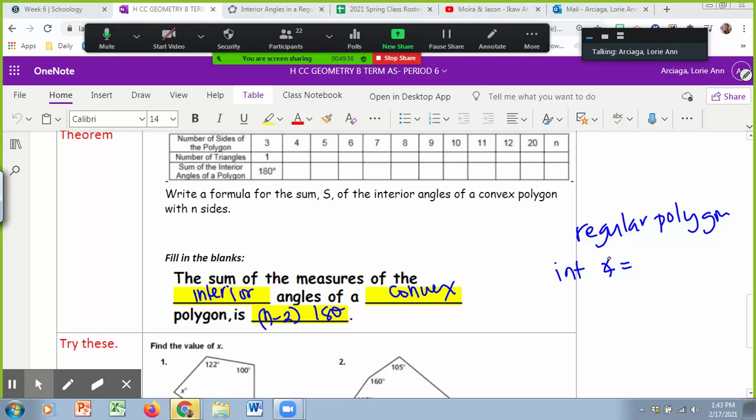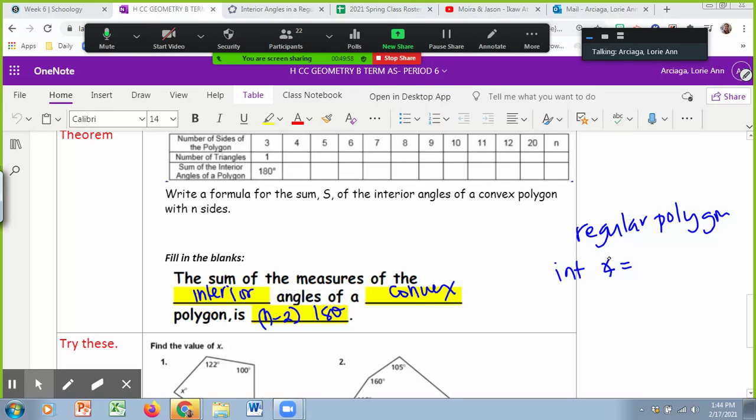You know, just one interior angle, if you know that the sum is n minus 2 times 180. What are you going to do to find just one angle in a regular polygon? Whatever the measure of one angle, it's going to be the same for all of them. Regular means equal sides, equal angles, right?